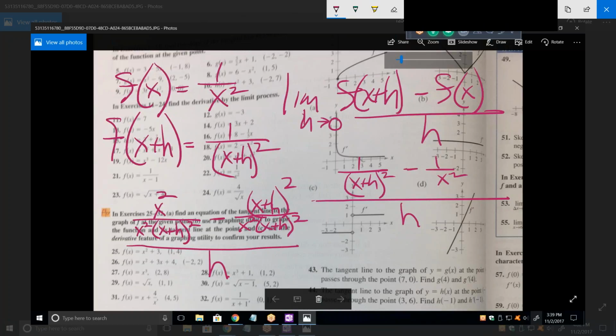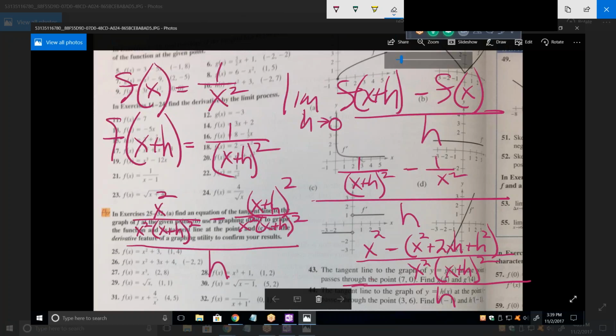So here's the new numerator. I'm going to start it over here in the lower right. This is the numerator of the numerator. And when I expand that, it becomes x squared plus 2xh plus h squared. The common denominator was this, x squared times x plus h squared. And the entire denominator was h.